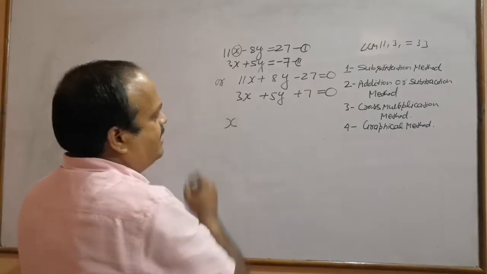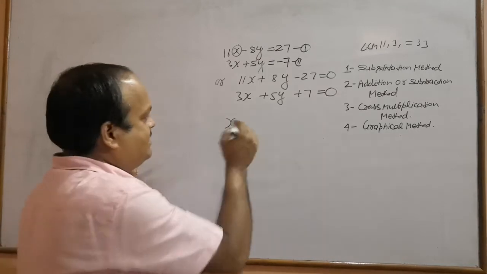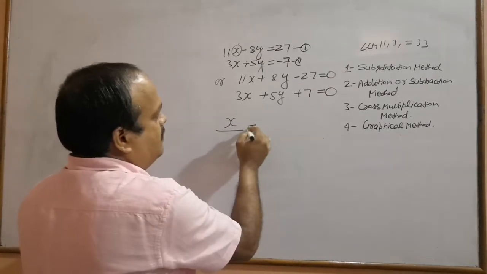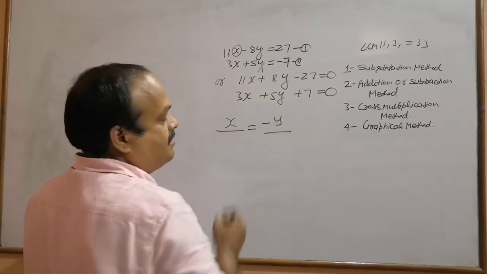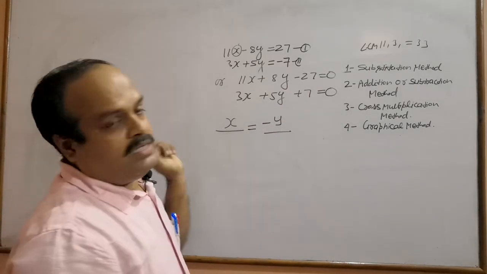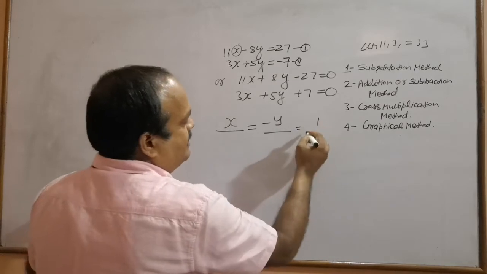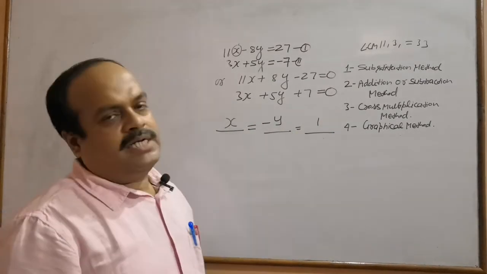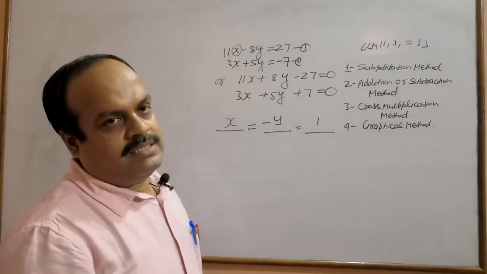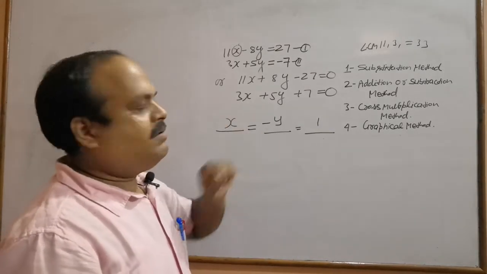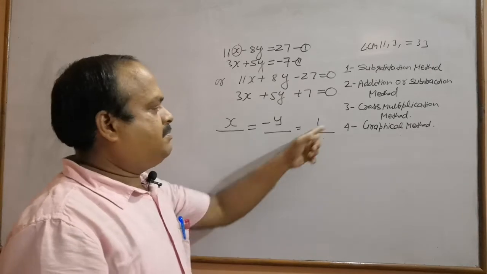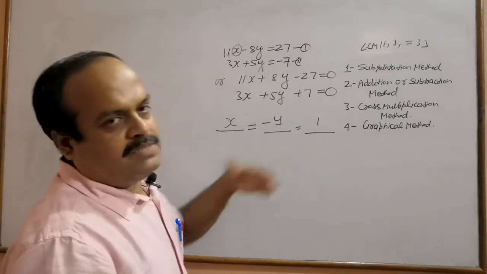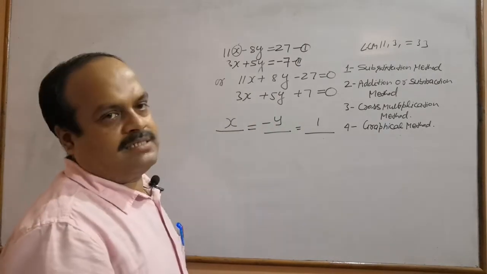We write three fractions: x upon something, equal to minus y upon something, equal to 1 upon something. So I have written three incomplete equal fractions, and to complete them, I need the denominators.